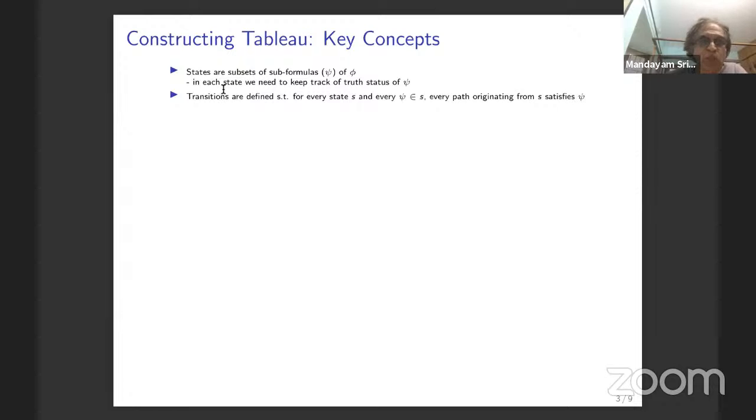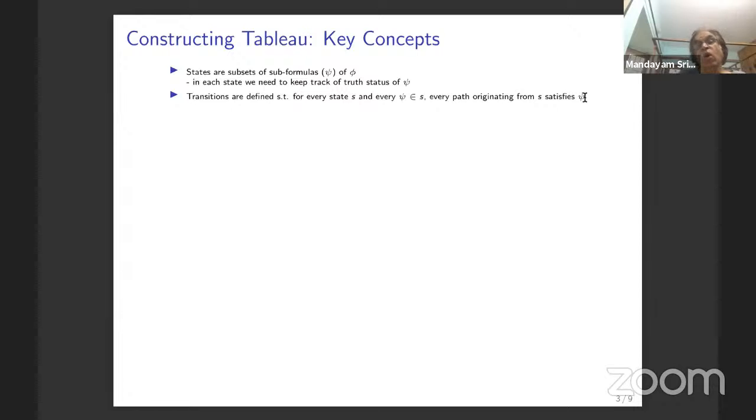And so this transition system will indeed be a model exactly for that formula, because the paths in it are precisely the paths that satisfy phi. Second, transitions are defined such that for every state S and every formula psi that belongs to S, every path originating from S satisfies psi.